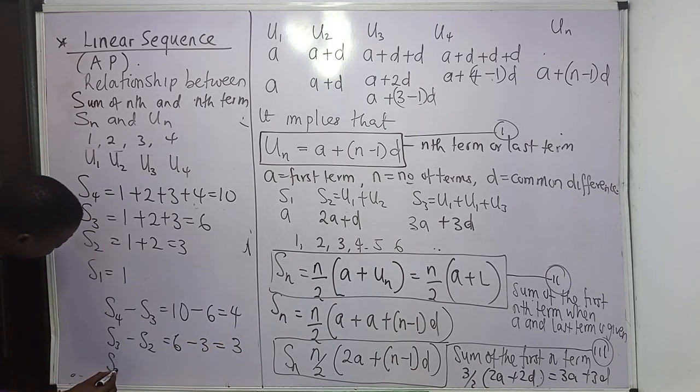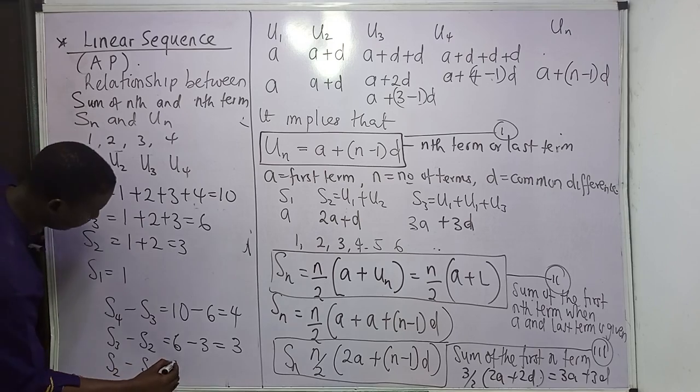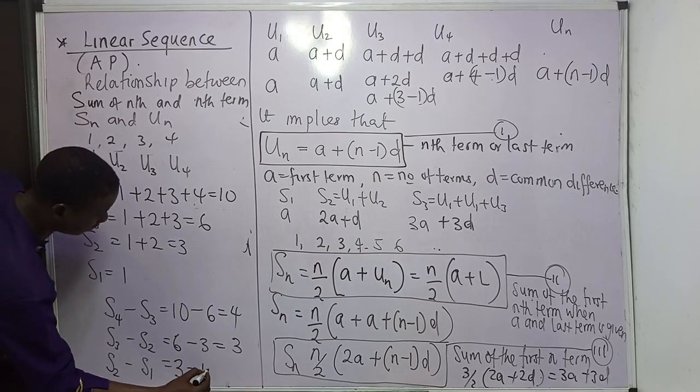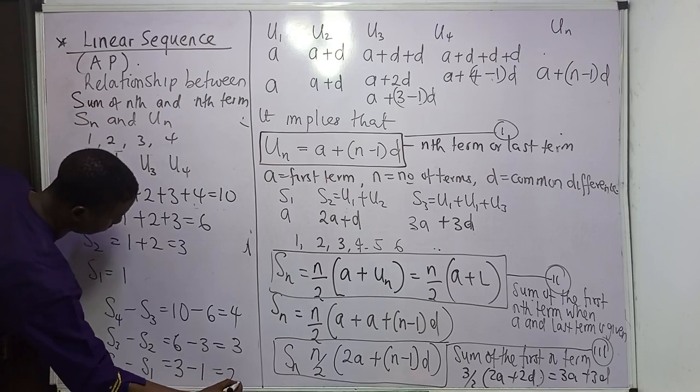Now let's look at S2 minus S1. We would have 3 minus 1. S2 is this minus this, so I would have 2.